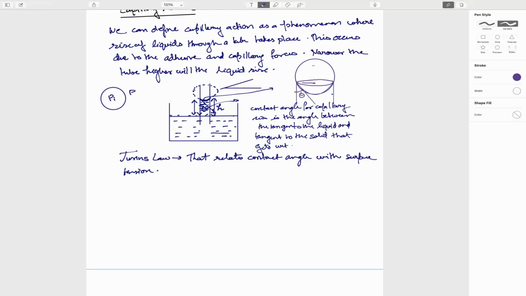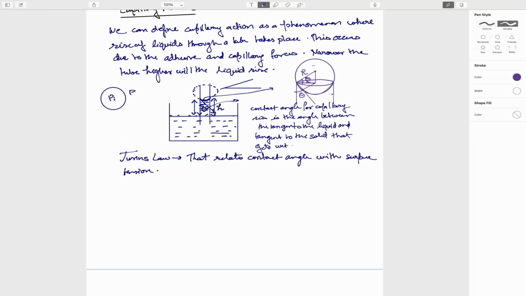This is the radius of this tube, and this is the radius of this meniscus, that is capital R. Okay. So this is theta. This angle is 90 degrees. So this is also theta, because this angle is 90 minus theta, then this again is 90, then this again is theta. I think you get it.